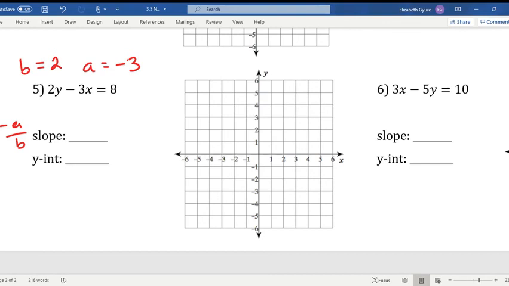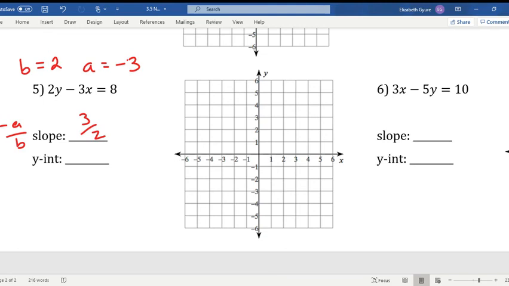So to find the slope here, you just take the opposite of whatever A is over B. Now, if A is -3, what's the opposite of -3? Positive 3 over 2. And that's your slope. Now, we still need a y-intercept, but can I do my cover-up method and find my y-intercept?